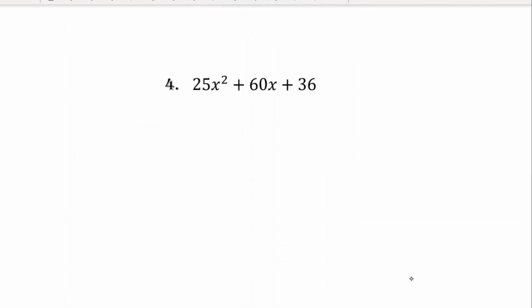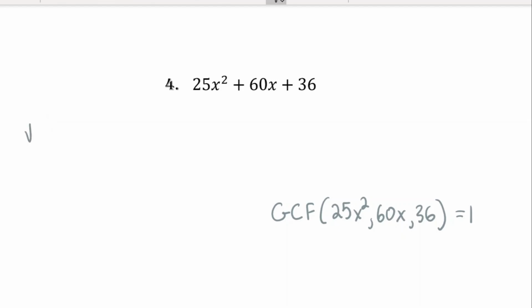All right, let's go on to the next one. So can I GCF the 25x squared, the 60x, and the 36? Turns out it's just one, so let's not bother. All right, so let's check to see if this is a perfect square trinomial. We can see that we can square root the 25x squared. We get square root of 25 is 5, square root of x squared is x.